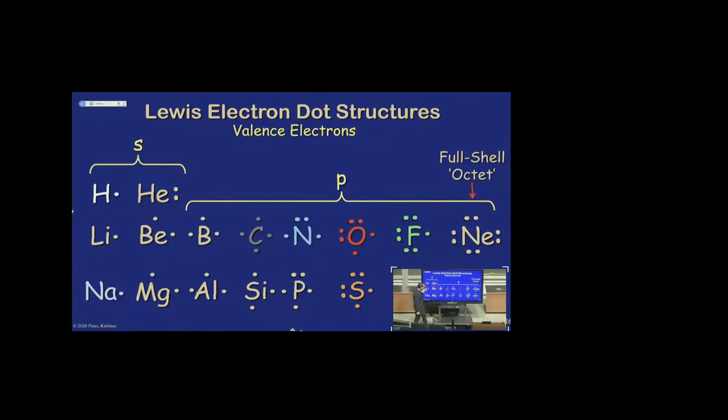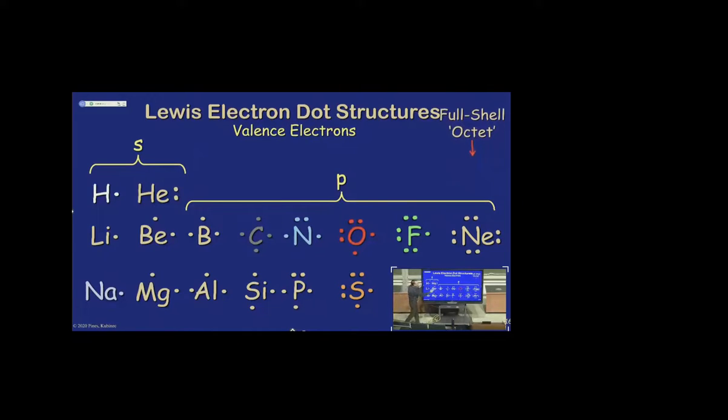So he developed the idea that, well, if 8 seems to be a favored state in the atoms, does that relate to how bonding occurs, how molecules form? Is there a tendency to lower your energy by attaining 8 valence electrons? That was his idea. And in general, it's true.